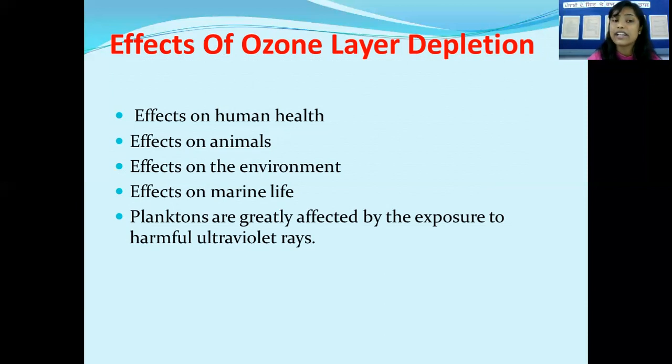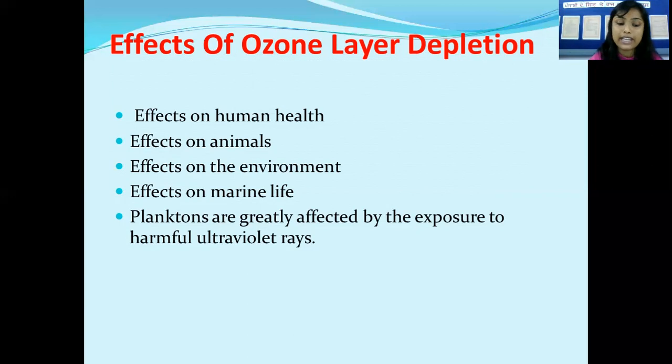It is causing stunted growth, stunted flowering, and affecting photosynthesis in plants. Flowering is related to reproduction. Thus, the life cycle in the plants is affected due to ozone layer depletion.